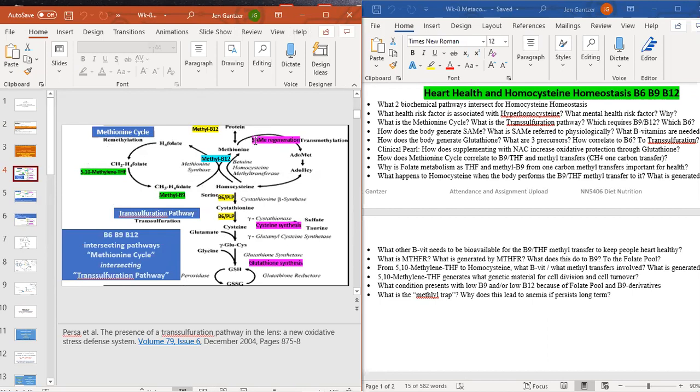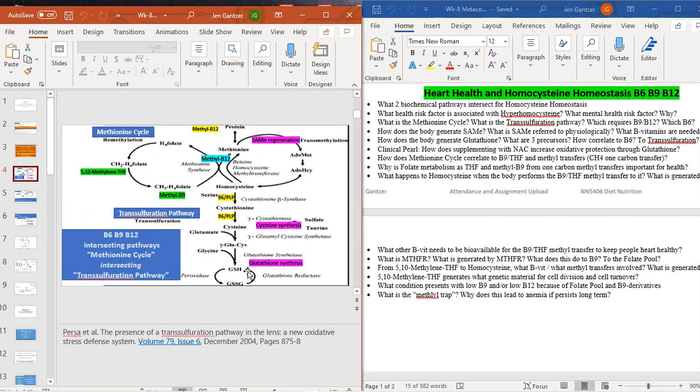So homocysteine is sitting here right in the middle. That means this is how you look at it. When the body needs SAMe, it's going to send the homocysteine being recycled this way with our B9 and B12 dependent pathway. Homocysteine will go this way into the SAMe.